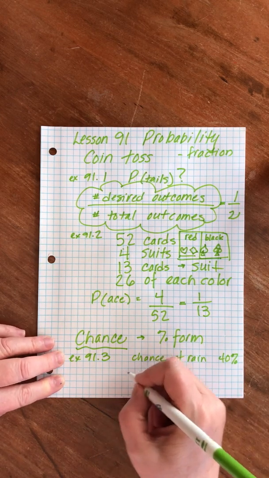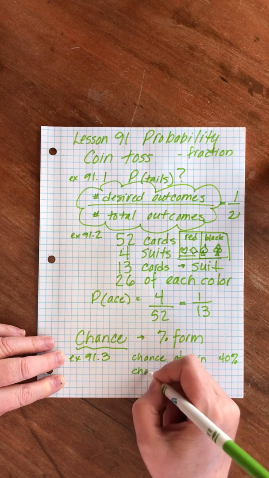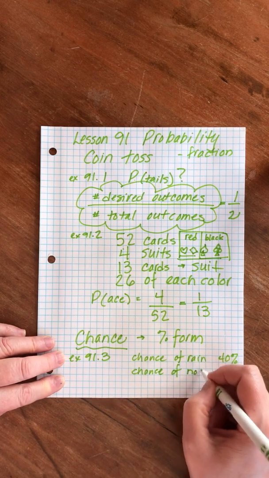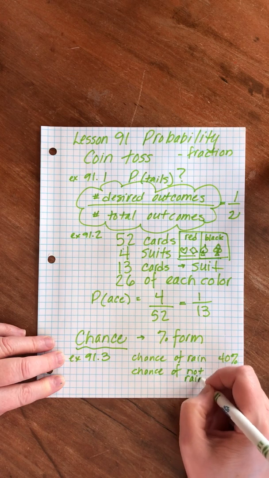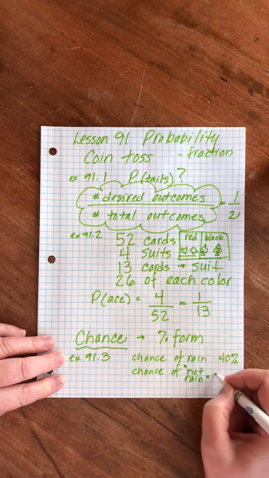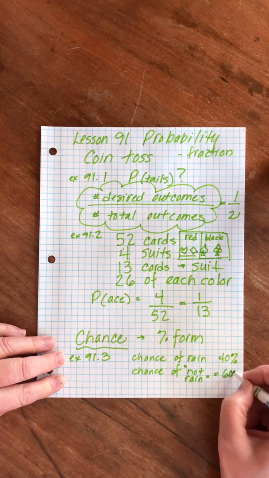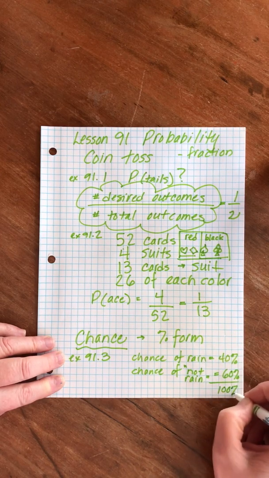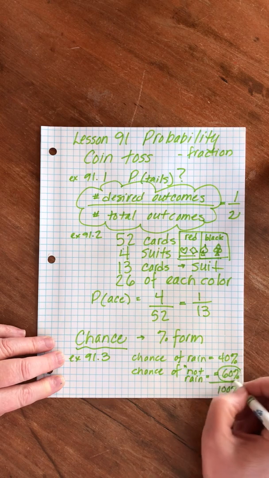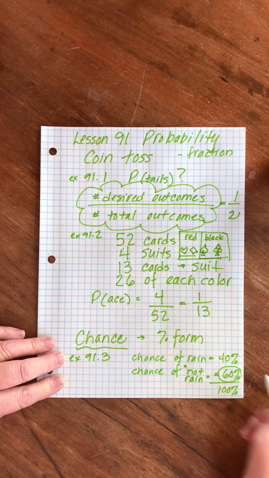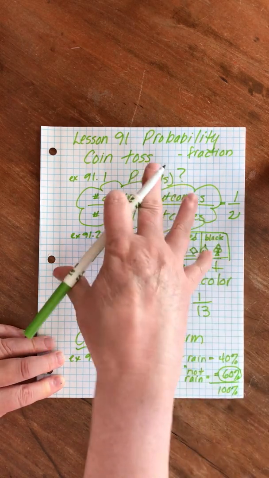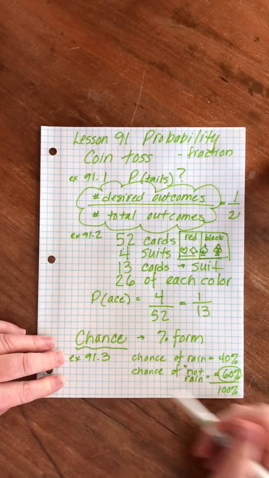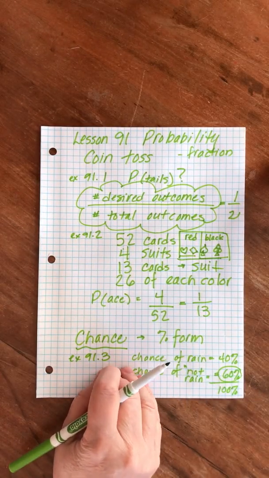What is the chance of, we can think of it as not rain, anything else, and that would be 60%. It just has to add up to a total of 100%, right? So chance is when we express probability in a percent form. We're going to expand on probability a lot more over the years. Chance, no, not so much. That's kind of a one and done.